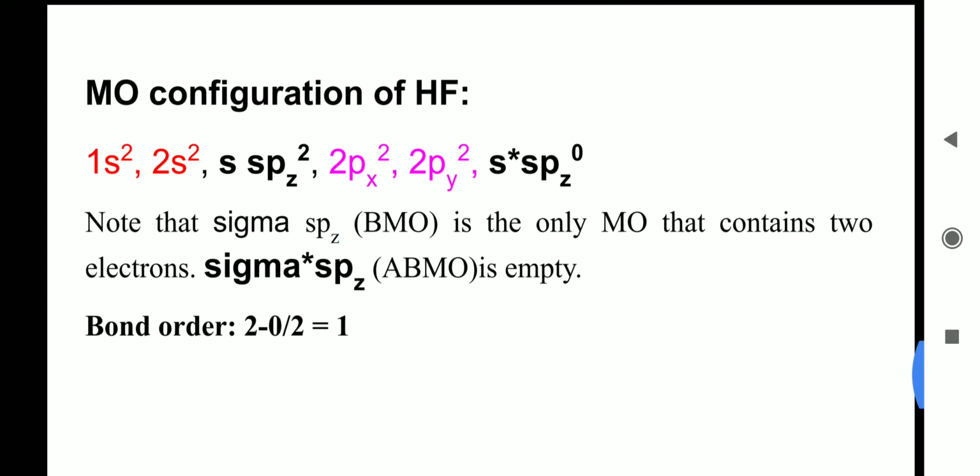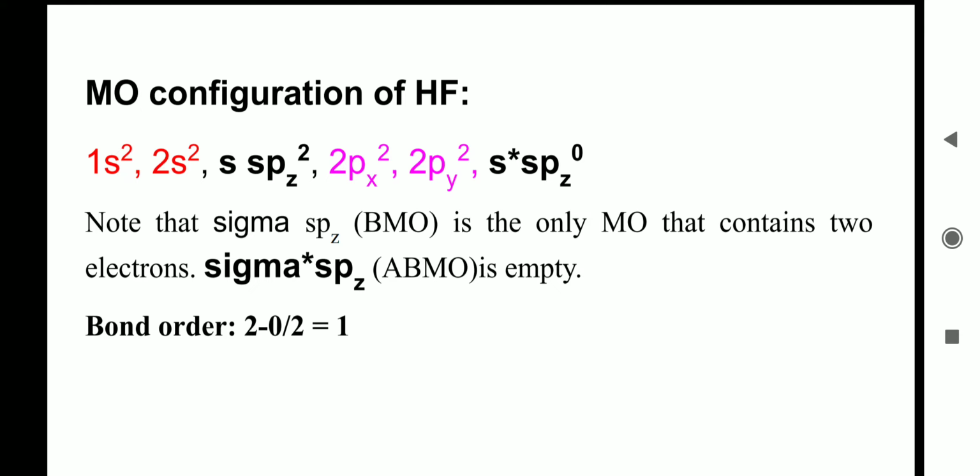So the molecular orbital configuration of HF is 1s2, 2s2. These are the atomic orbitals of the fluorine atom which have not participated in bond formation, followed by sigma s-pz2. This is the bonding molecular orbital in which both the electrons are located, followed by 2px2 and 2py2.